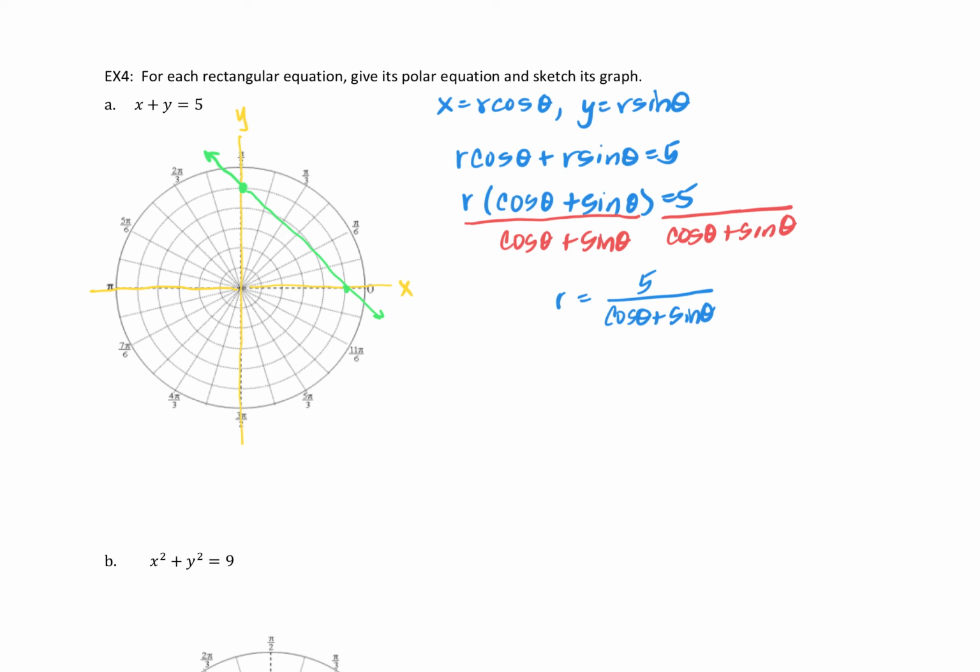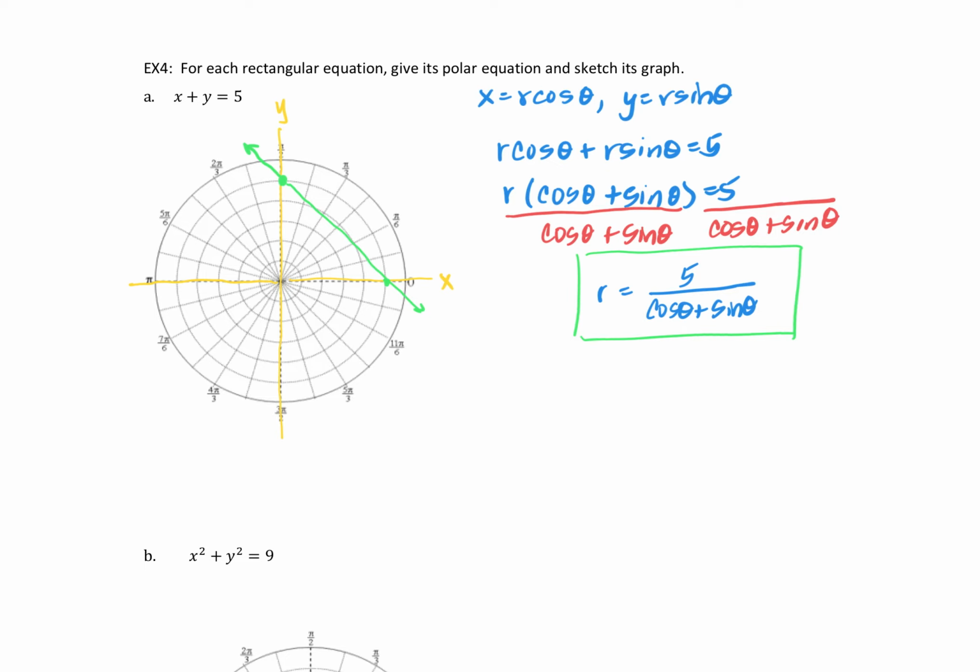And this is the equation in polar form, where you have the r by itself. The reason why we want this r by itself is because that's how you would graph it if you're using a graphing calculator or an online graphing calculator such as Desmos. They usually require that you get the r by itself if you're going to graph a polar graph.